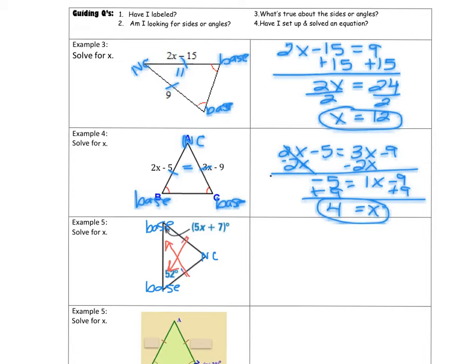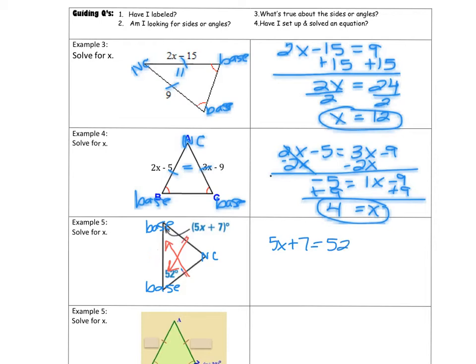I only have information about two angles. Because of that, I cannot use 180. But I do know what's true about these two angles. Because they're both the base, they are congruent. Base angles are congruent, so I can put an equal in between them. Therefore, 5x plus 7 must be equal to 52.